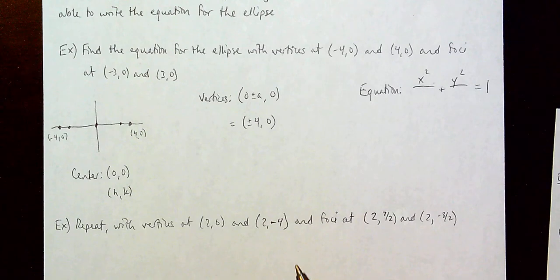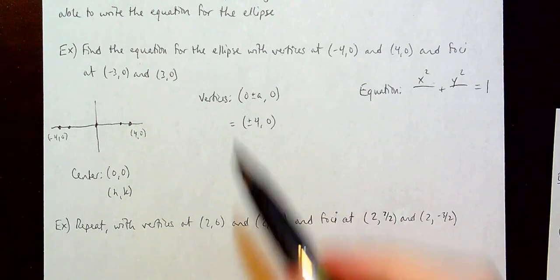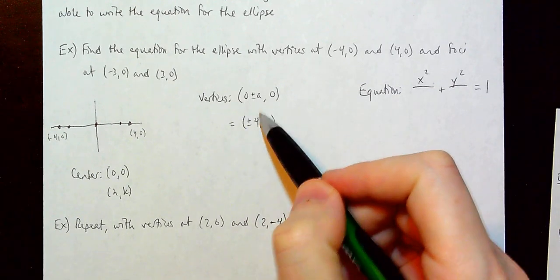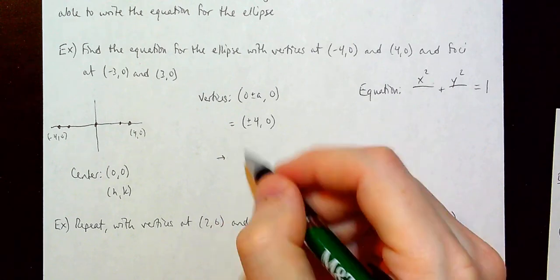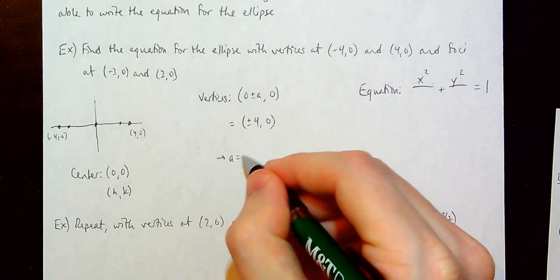So just doing some simple comparisons here, comparing 0 plus or minus a to plus or minus 4, we see that a has to be 4.